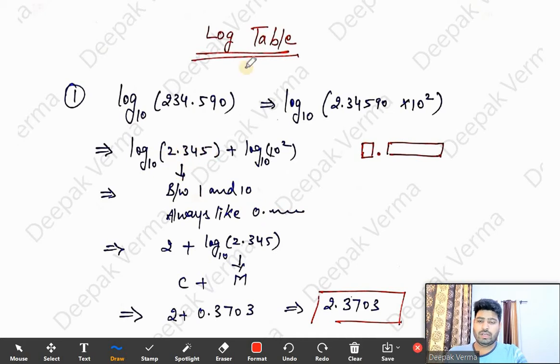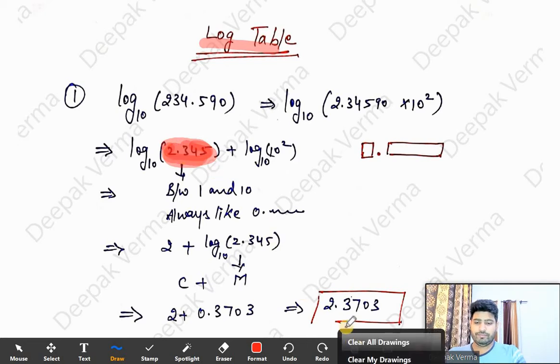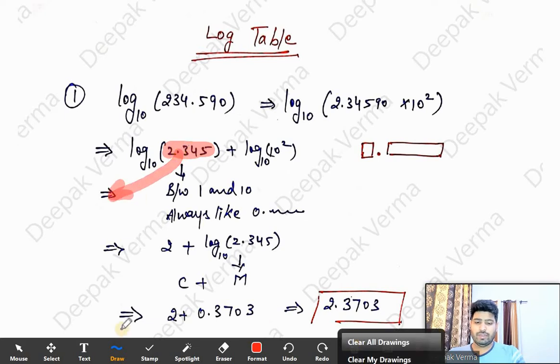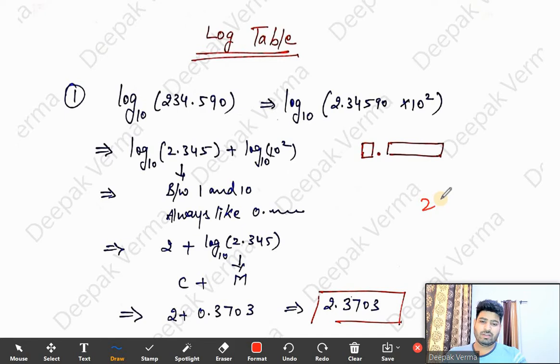Now we will look into the log table, how to find the value of log. So in order to find out the value of log 2.345, we will be using the log table. So remember this value 2.345. For the time being, we will remove this point. Now we have a number 2345.